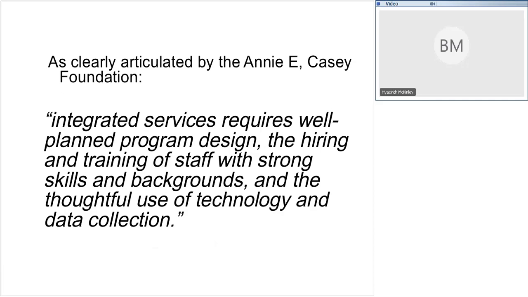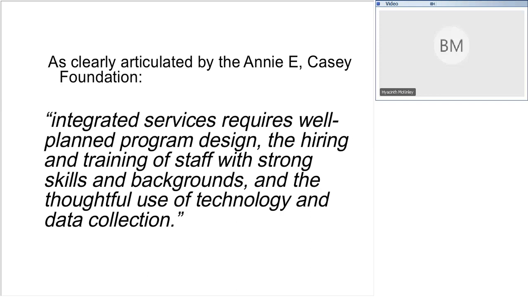Again, this is a statement by the Annie Casey Foundation that says, well, how do we get there? How do we get to integrated services? Let's say we know that we want to move out of silos. Well, what does it take? I think this is a really foundational statement: integrated services require first and foremost a well-planned program design.